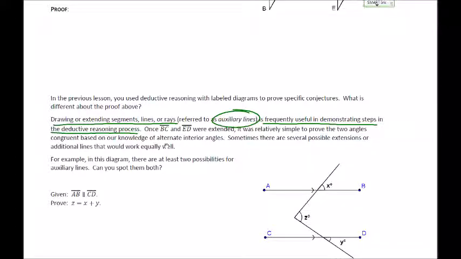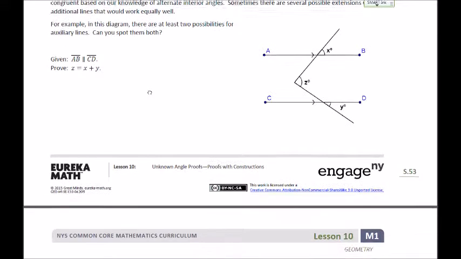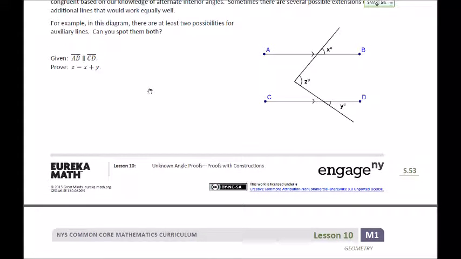So to give you one example of a proof that involves an auxiliary line, down here there's a proof where you are given that segment AB is parallel to segment CD. And this symbol right here means parallel. Those lines are parallel. And we are asked to prove that the measure of angle Z is equal to the measure of angle X plus the measure of angle Y. Now we're going to draw an auxiliary line.